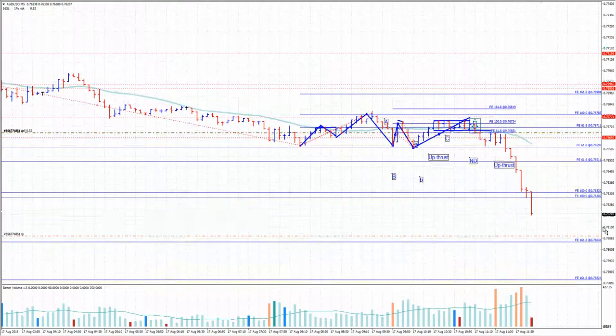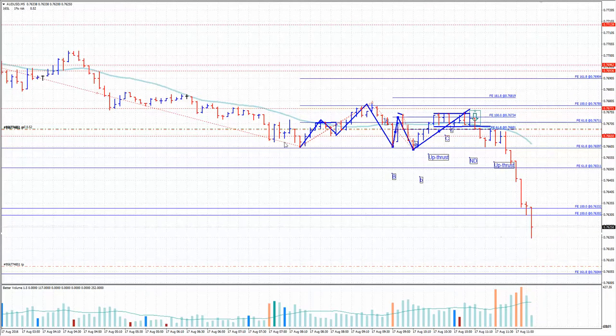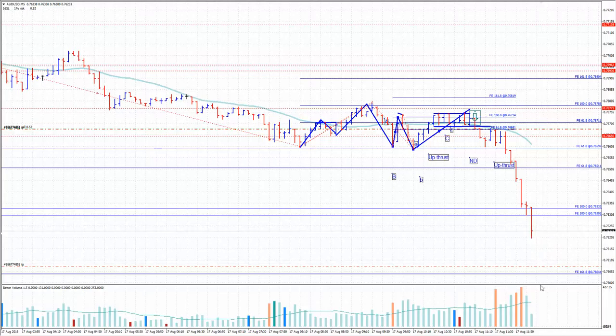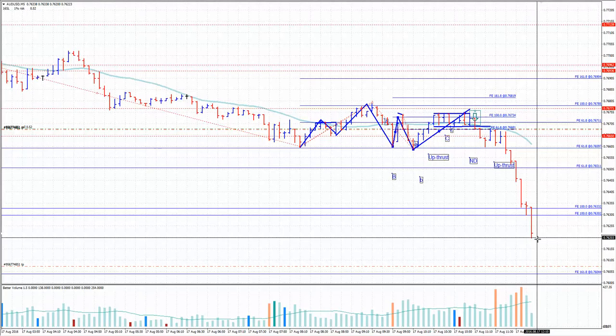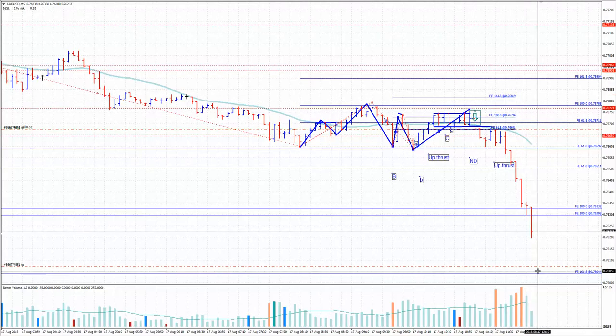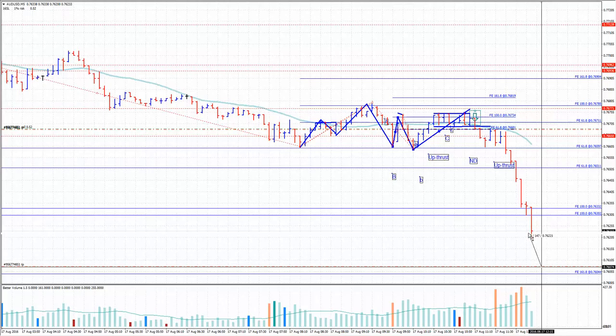I will hold the position for a while, and in about 10 to 15 pips I'm done for today. Already price is 45 pips, so I'm already 1 to 3 ratio in the plus. But again, due to the strong selling pressure on the market, I still have room for more profit.